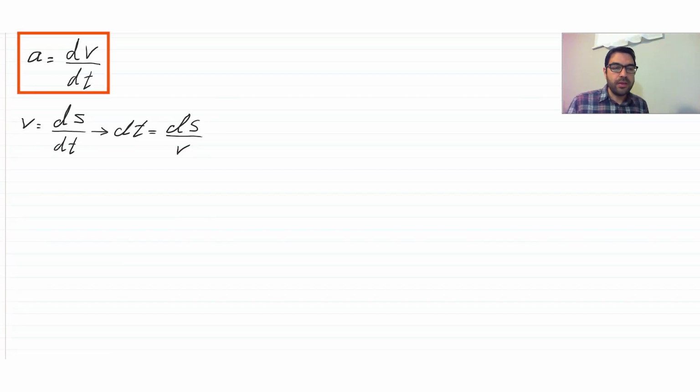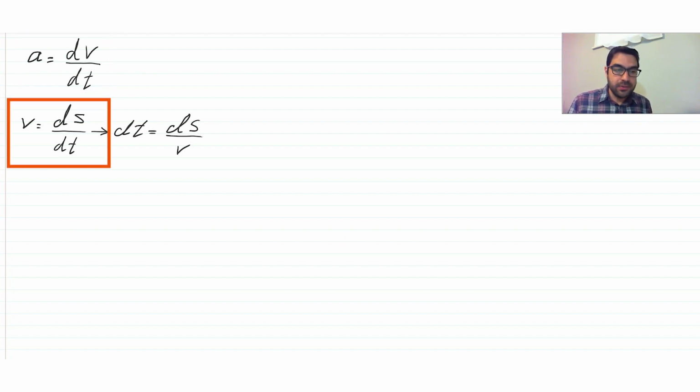We know that a is equal to dv over dt, and here I'm just writing the magnitude. I'm not putting any arrow on top of a or v because I'm just talking about the value of a, the magnitude of the acceleration, the magnitude of the velocity. So the magnitude of velocity was equal to ds, the displacement, over delta t.